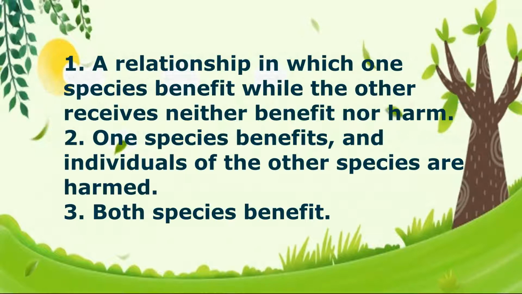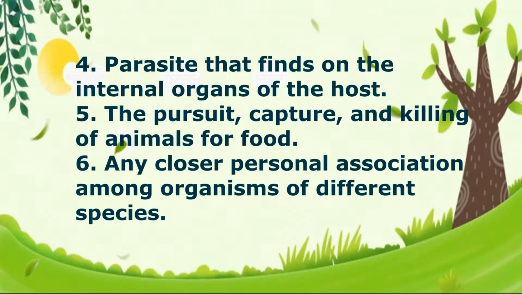Okay, number 1. A relationship in which one species benefits while the other receives neither benefit nor harm. 2. One species benefits and individuals of the other species are harmed. 3. Both species benefit. 4. Parasite that feeds on the internal organs of the host. 5.